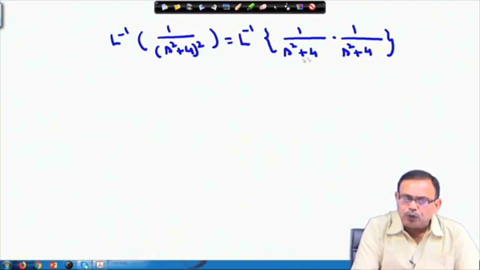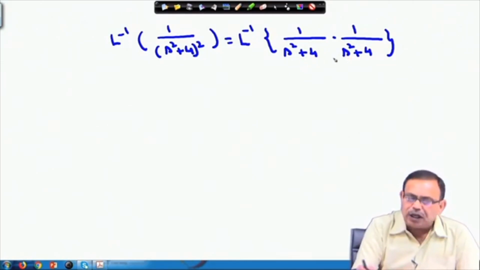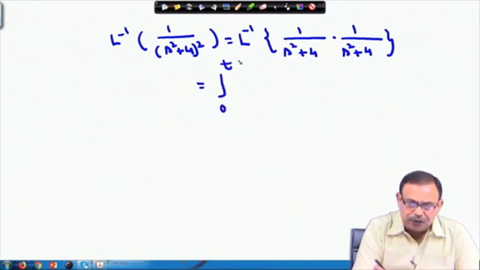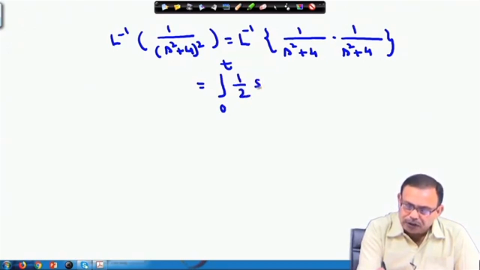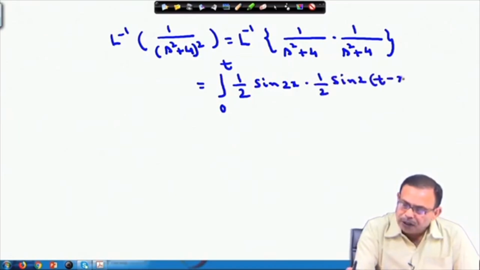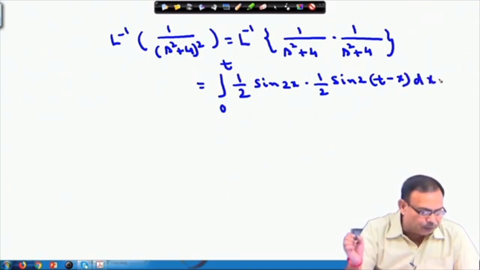So, we have two functions, Laplace inverse of f into g, and this I can write in the form f star g. Using convolution, half sin 2x into half sin 2 into t minus x dx.